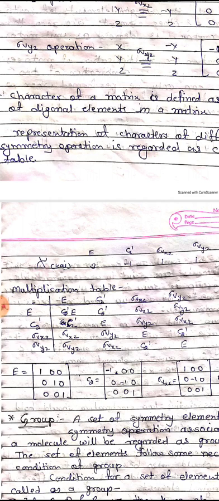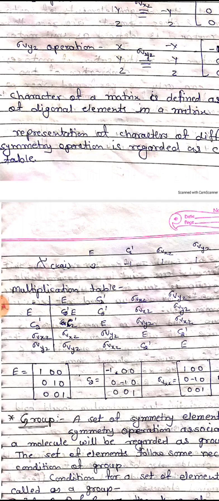Now, these operations are multiplied by each other, and what is the result actually? What will be the result? Identity and identity means 2 times identity operation carried out on water.